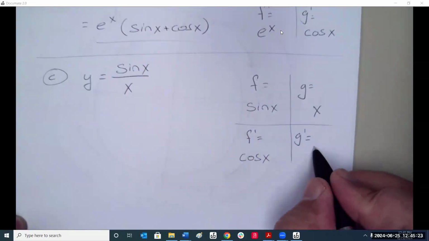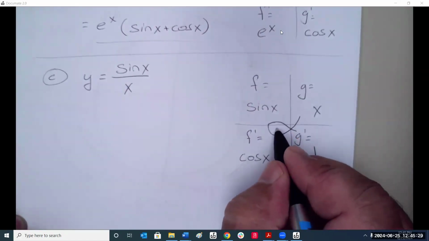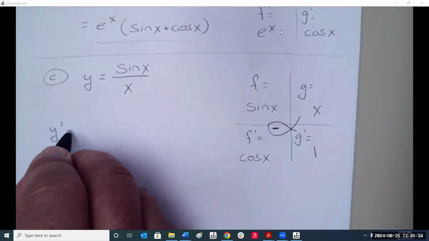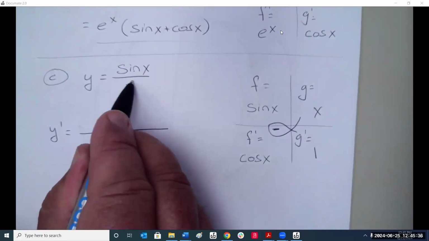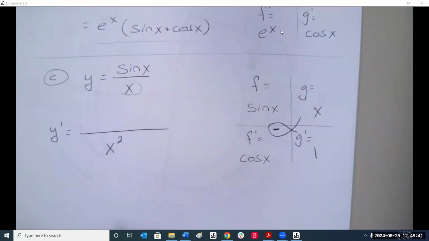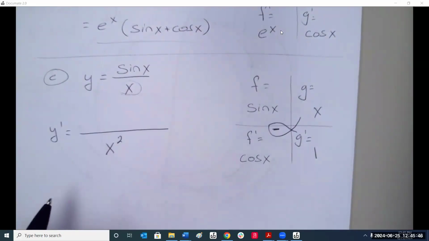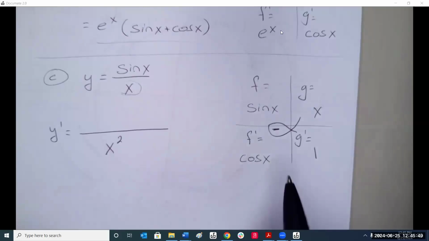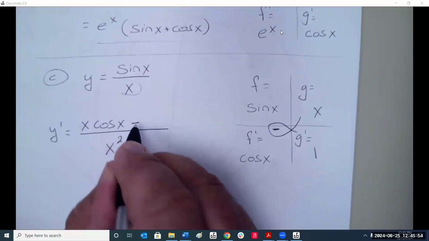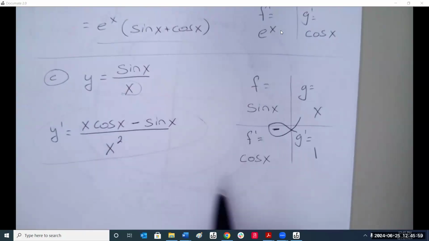Derivative of x is 1. Again, it's always a fishy, but since we're dividing, we have to subtract because we're making things smaller. Remember, what happens to the bottom number always? It becomes squared, right? Whatever's on the denominator of a quotient rule, always squared. So we have x times cosine x minus 1 times sine x. And there you have it.